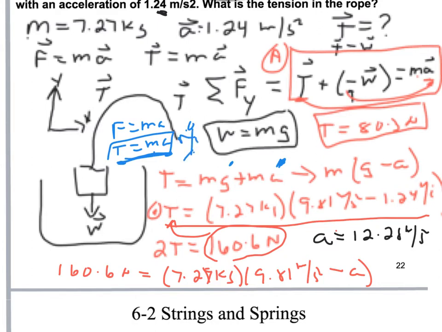And then we're working against gravity, that 9.81. So we're subtracting the weight from the tension in this equation, and adding the weight to the acceleration in this equation down here.